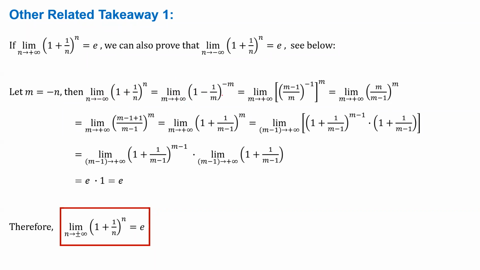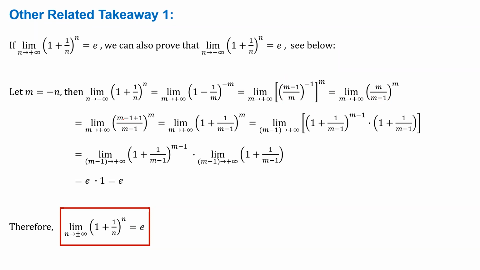And then we can rewrite the expression in the parentheses as the limit as m approaches positive infinity of (m minus 1 over m) to the power of negative 1, then to the power of m, right? And this can be rewritten. Something to the power of negative 1 is actually the reciprocal of this expression. So you can rewrite the expression in the parentheses as m over m minus 1, right?